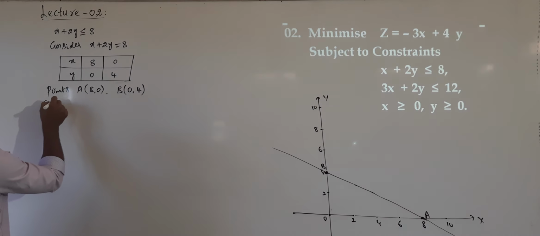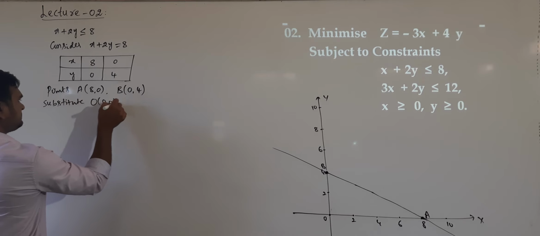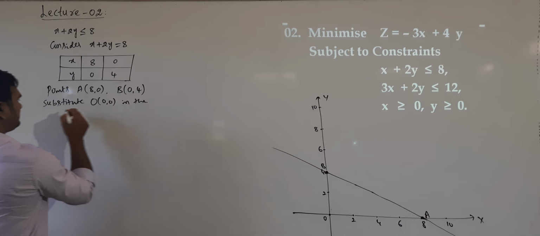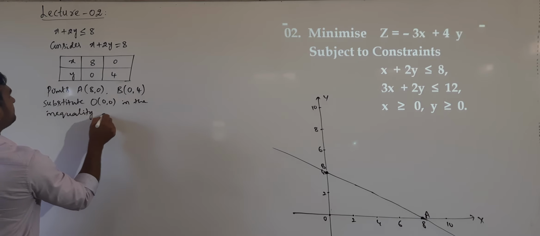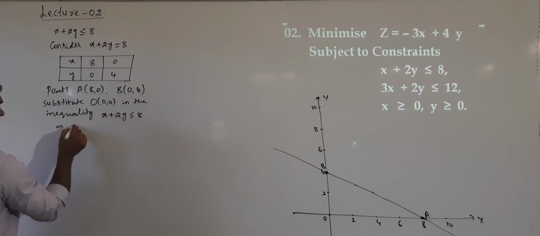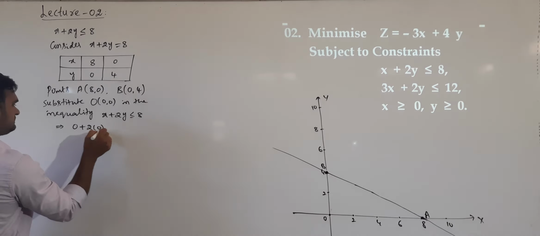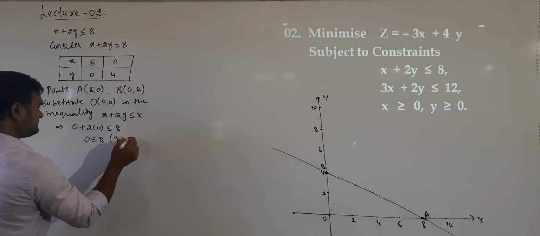So substitute origin 0, 0 in the inequality x plus 2y less than or equal to 8. See what we get? 0 plus 2 into 0 less than or equal to 8. So 0 less than or equal to 8, it is true.